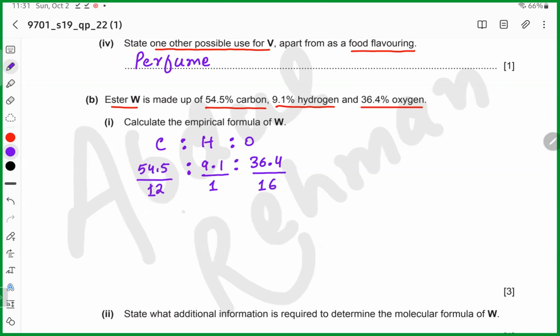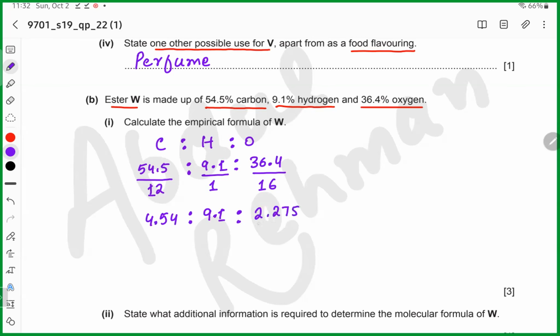So can anybody tell me the answers? 54.5 divided by 12 is 4.54. Then 9.1, and 36.4 divided by 16 is 2.275.